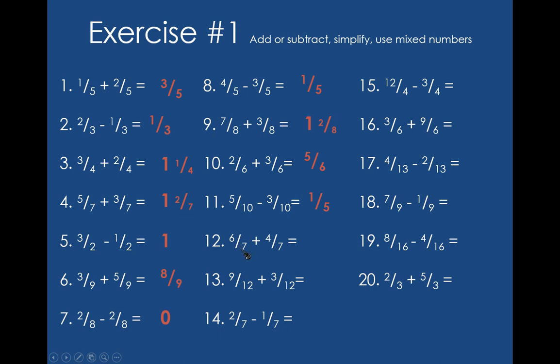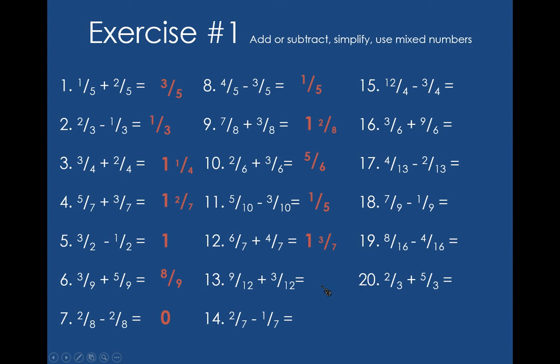Next natin, 6/7 plus 4/7 magiging 10/7 or lowest term, which is mixed number, 1 and 3/7. Kasi kanina naka-improper fraction pa siya. Next natin, 9/12 plus 3/12 equals 9 plus 3, 12, copy the denominator.